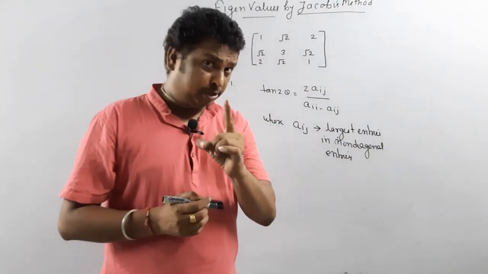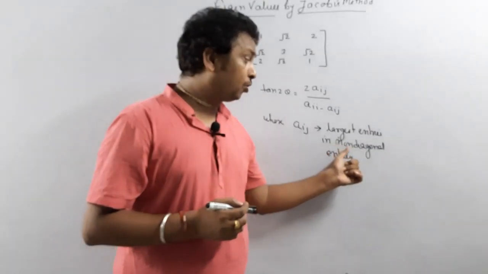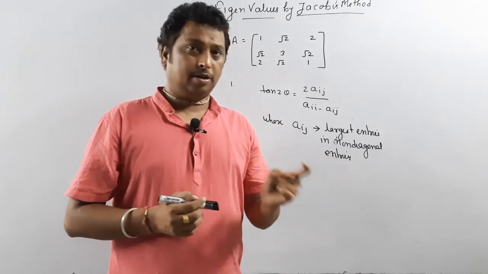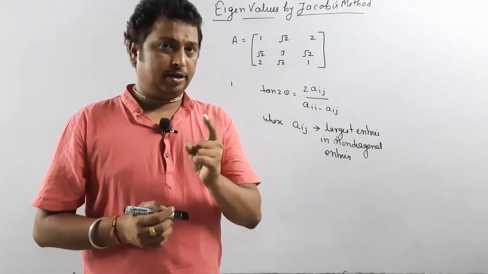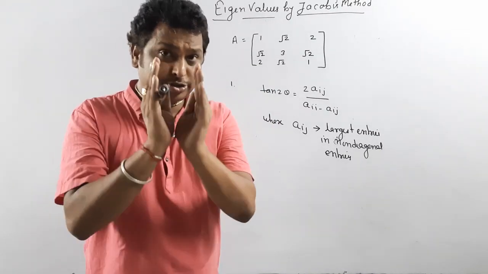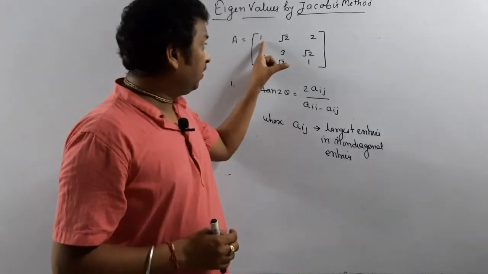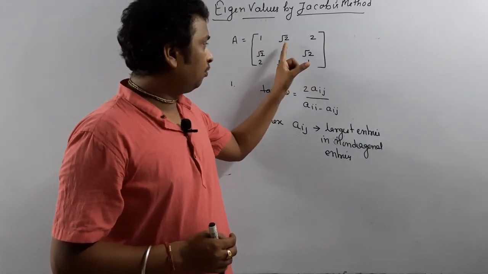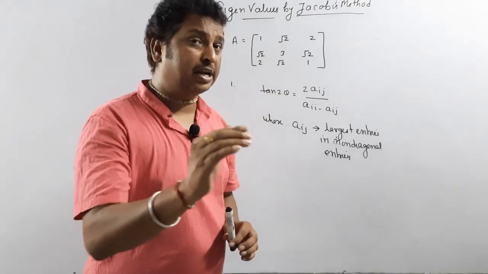One more important thing here: aij is the largest entry in non-diagonal entries as well as in magnitude. It means leave the sign, not important, just see which value is largest. So leave the diagonal, and then check which one is largest.